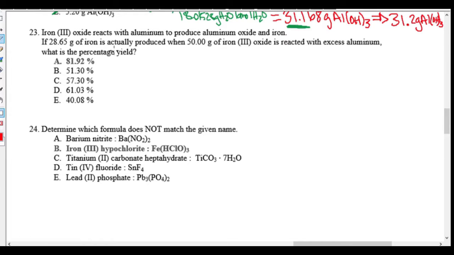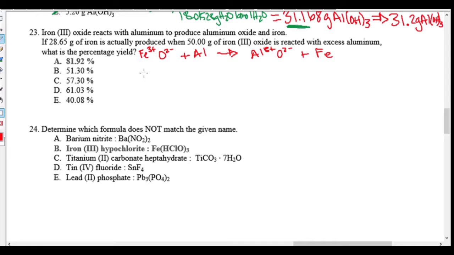Okay, iron 3 oxide reacts with aluminum to produce aluminum oxide and iron. So iron 3 oxide, that's Fe3 plus O2 minus plus Al to produce Al3 plus O2 minus plus Fe.